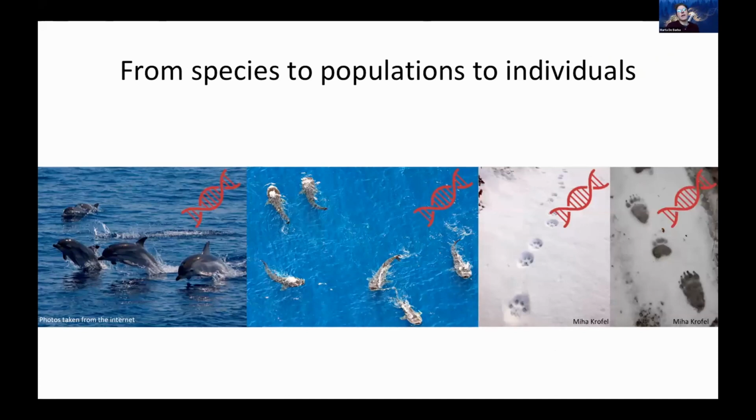So far, I mainly talked about examples related to focusing on species detection in ecosystems or in animal diet. But as I mentioned before, more recently, DNA metabarcoding, eDNA methods, are also allowing us to get insights into intraspecific variation in populations and also in individuals.